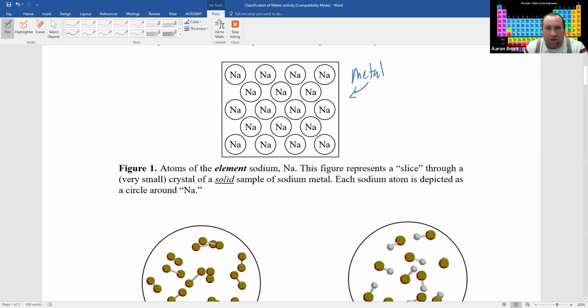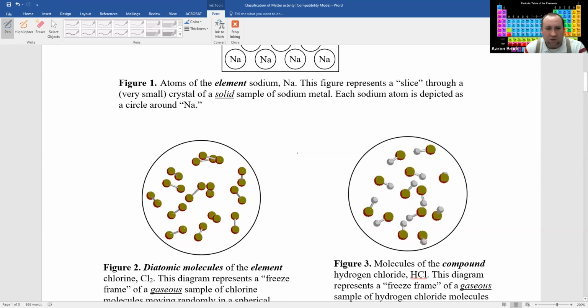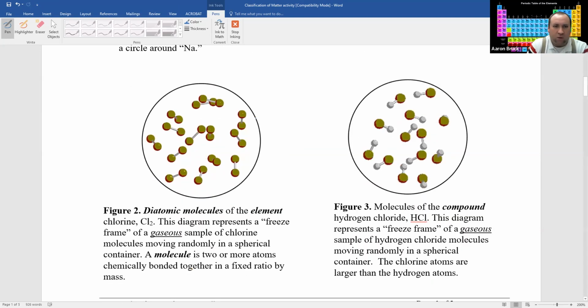And if we compare that to figure 2 here, where we also have an element, this is a non-metal element. In this case, it's chlorine. Each one of these balls represents an atom of chlorine, and each molecule of chlorine has 2 of those atoms held together with each other.